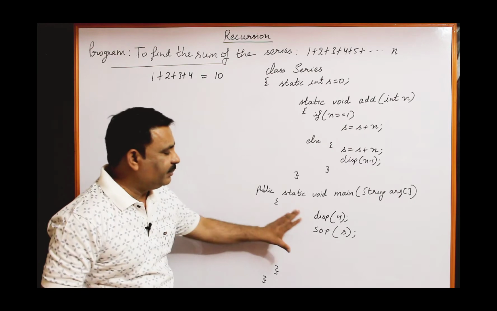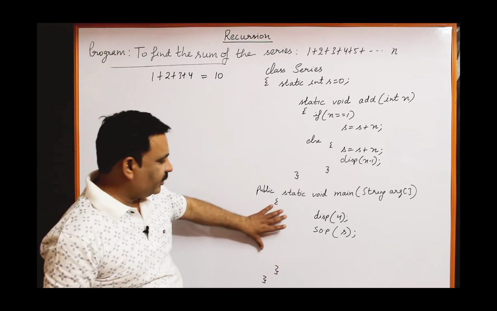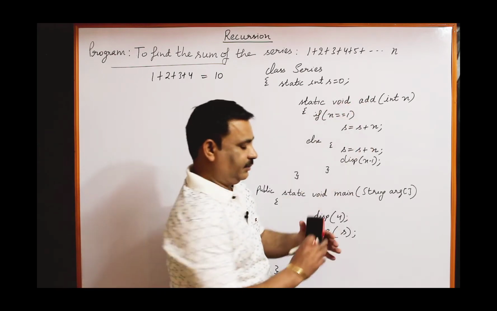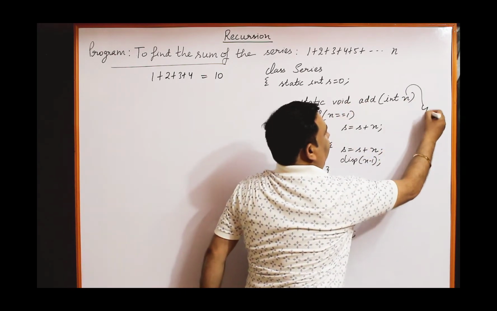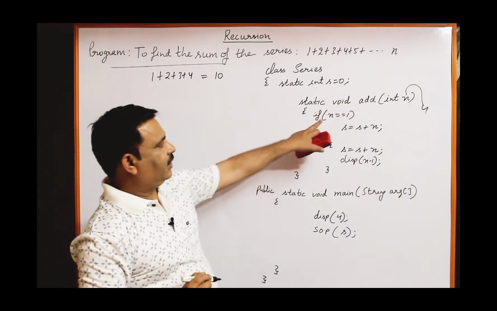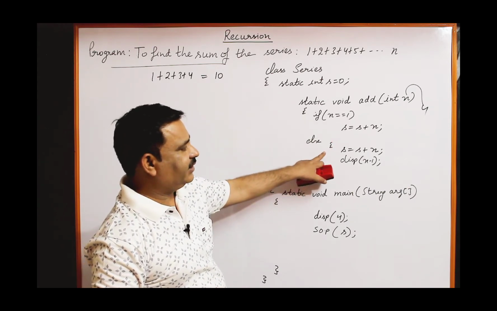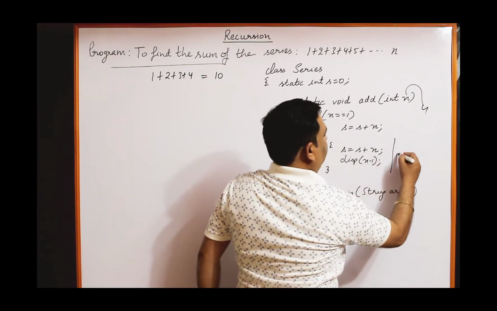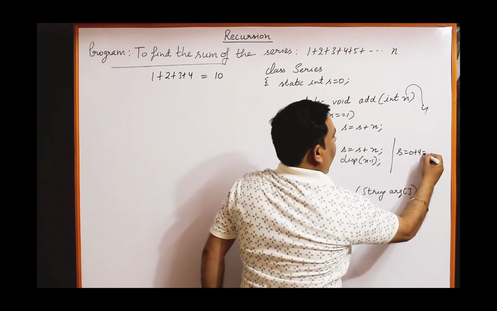Now from the beginning I am going to start. From the main function we are passing 4 in the beginning, so n will be 4. The condition is false, the else will execute, so 4 will be added to 0, so s will become 0 plus 4 equal to 4.